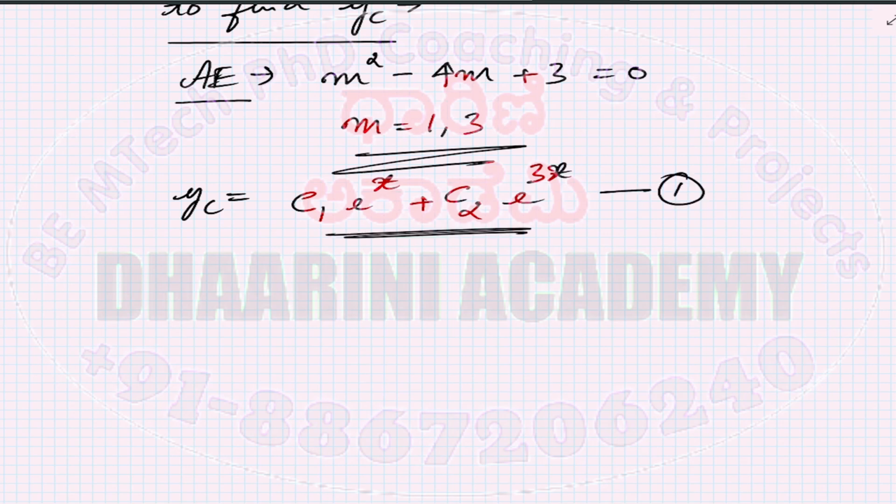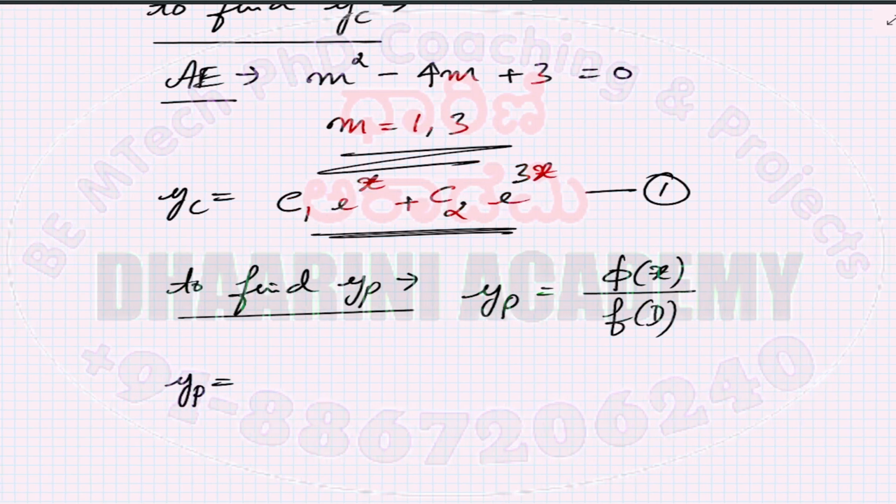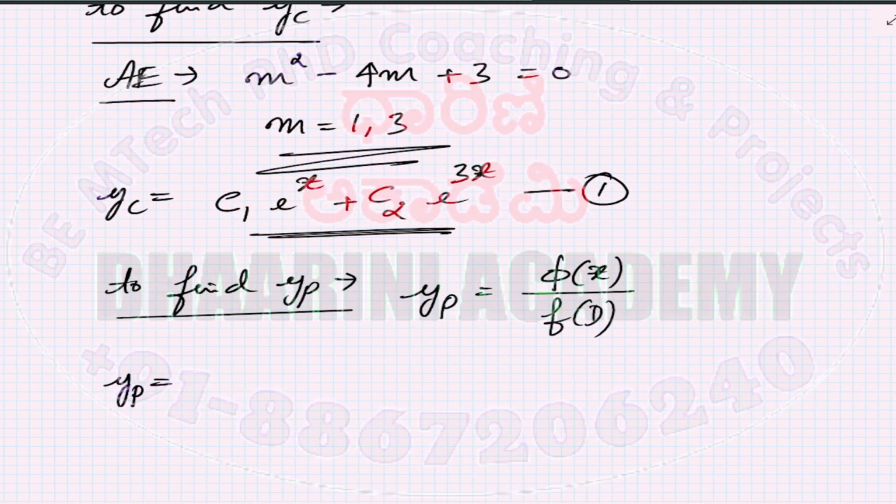Hold on to this. Okay, next objective is to find yp. So yp is given by the standard equation: the right hand side of the given differential equation, denoted as phi of x, divided by f of D. So for this given problem, we can write yp as yp is equal to phi of x.